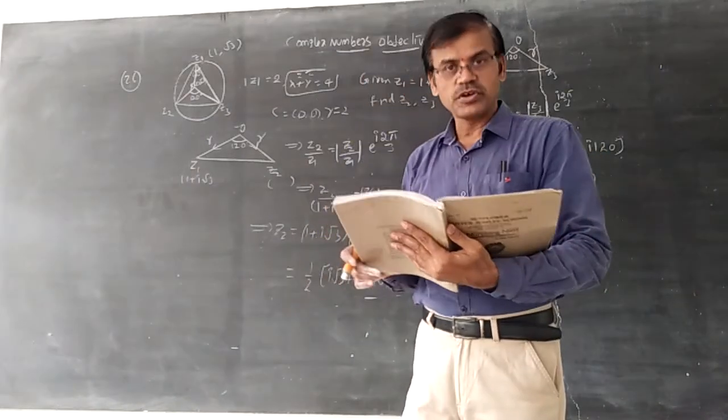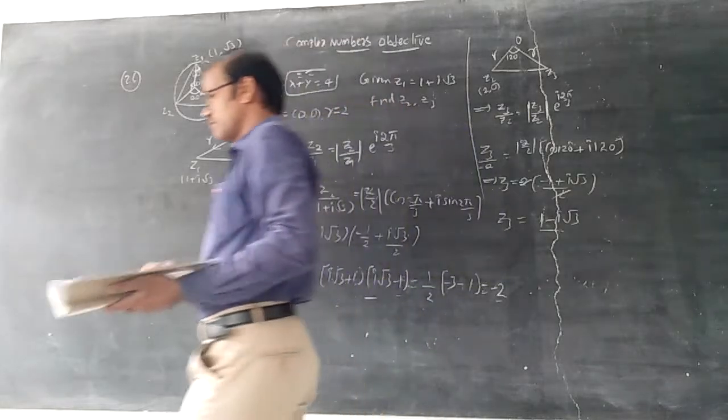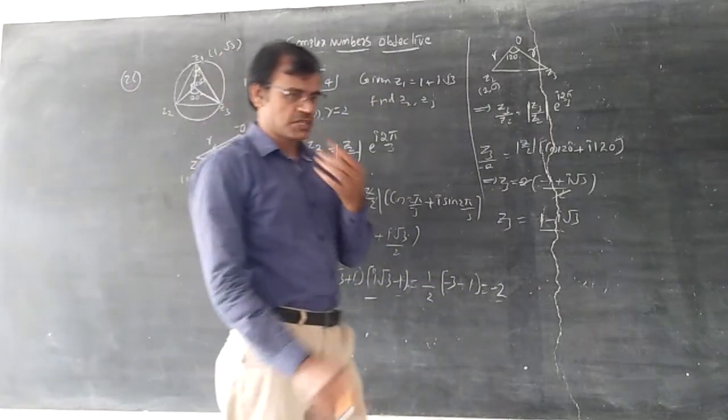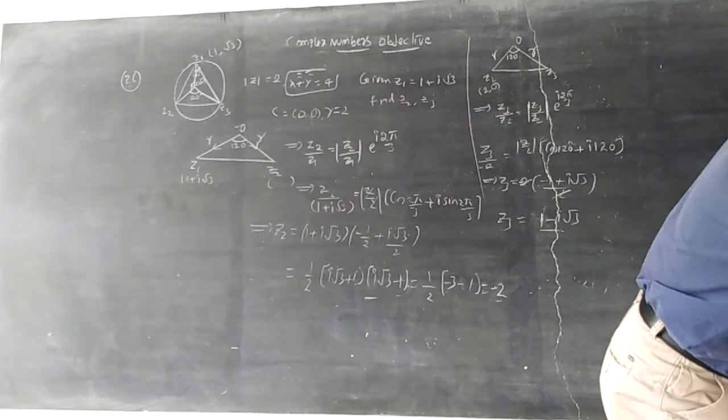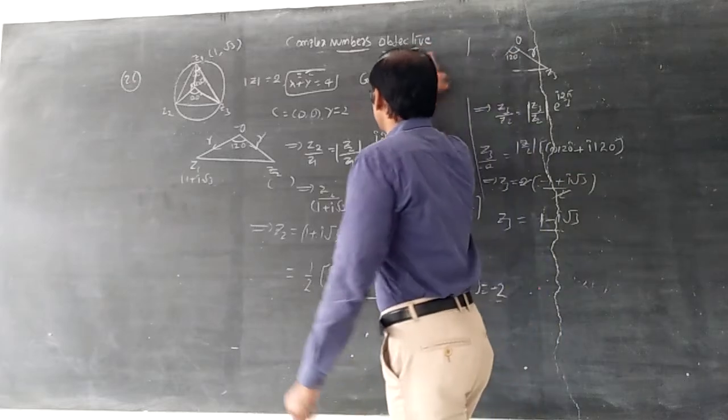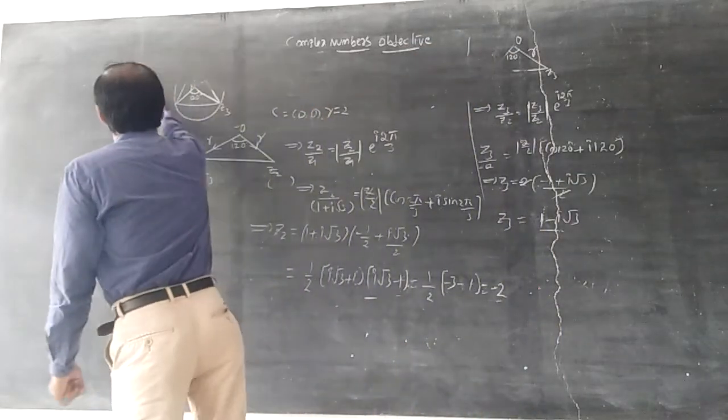Okay students, let us discuss De Moivre's theorem now. The concept of complex numbers, objective and applications of geometry, theory we have completed. Now let us discuss the concept of De Moivre's theorem.